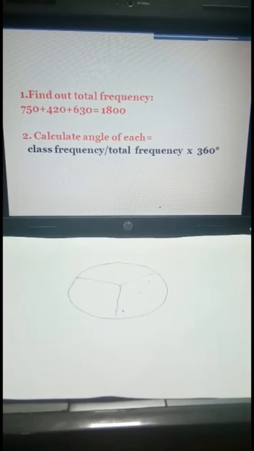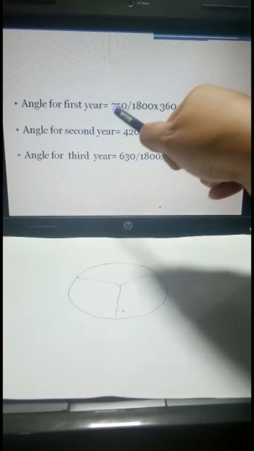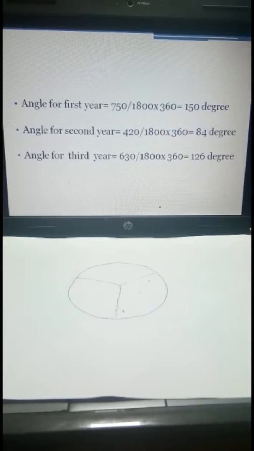Now next we use the formula to calculate the angle of each. That is the class frequency divided by total frequency, times 360 degrees. So how do we calculate the angle for each? Let's see the angle for the first year: the class frequency is 750 divided by total frequency 1800, times 360 degrees. Then the angle for the second year: class frequency is 420, total frequency 1800, times 360.